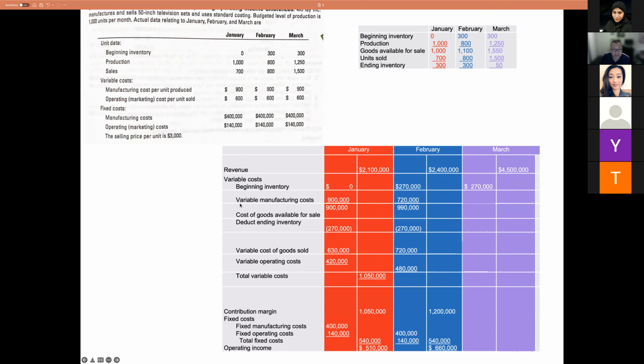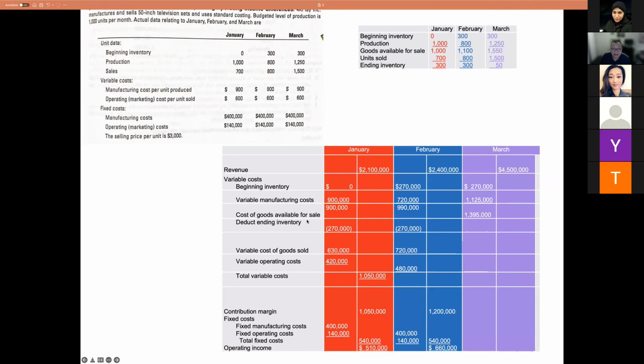Can anyone tell me how you calculate the variable manufacturing cost for March? So you use 900, that's unit cost, times units produced, 1,250. 1,250 times 900, so 1.125 million. And then your total goods available, just add them together.